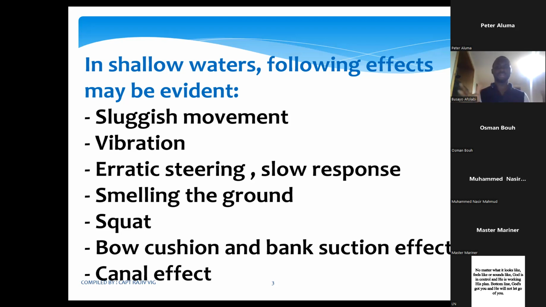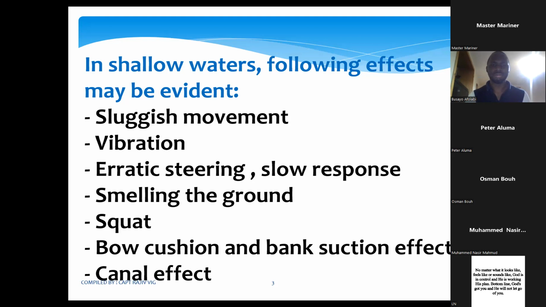In this case, there's nothing that happened there. This is just an effect based on the positive pressure that you experience in shallow waters and in confined spaces too. Do you understand that? Yes, sir. Mastermind, go ahead.